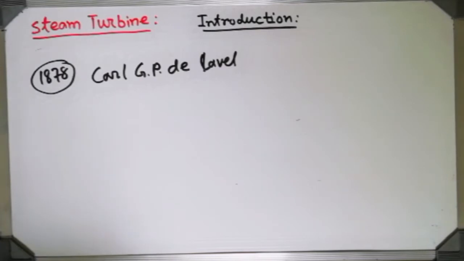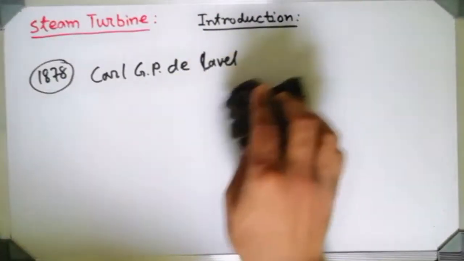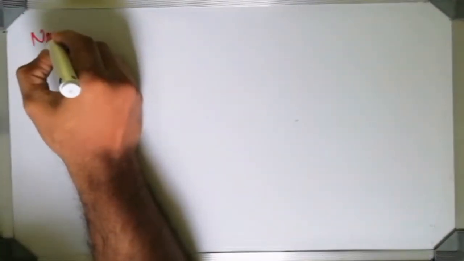So in today's class, we are going to start with the nozzle first, because the nozzle is that particular device which creates steam with a very huge velocity. That's why first of all we should start with the nozzle, then we will move forward to the turbine. So let's start with the nozzle first.